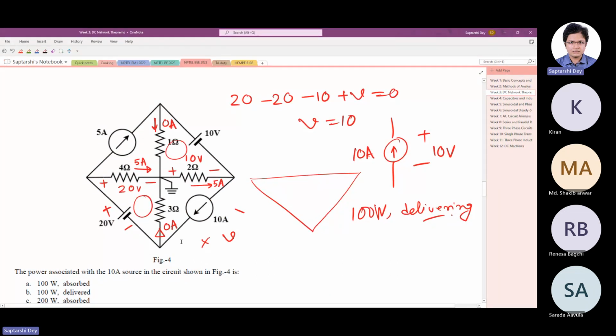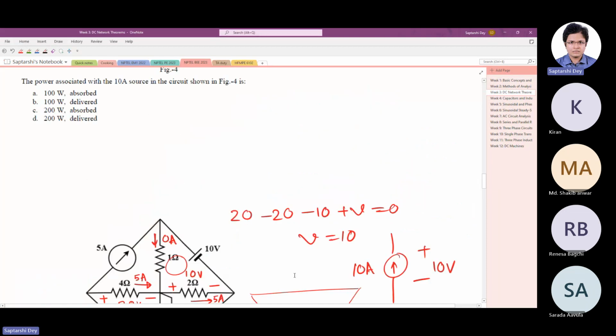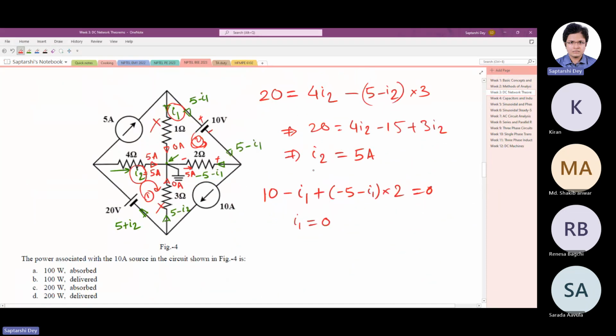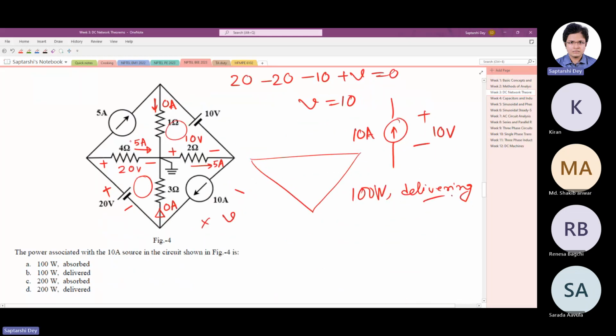These two KVLs we write and solve, which gives us some values of I2 and I1. Now, once we substitute the values of I2 and I1 in the circuit, we find out that whatever current is flowing through this 4 ohm resistance goes out through the 2 ohm resistance, and no current flows through the 1 ohm and 3 ohm resistance.